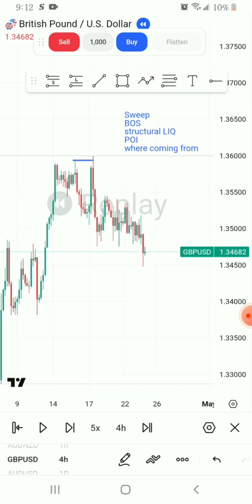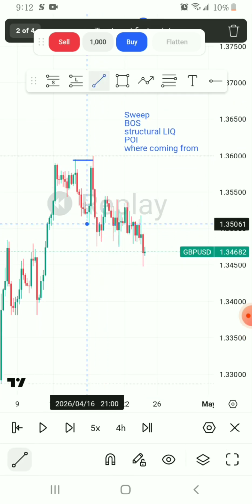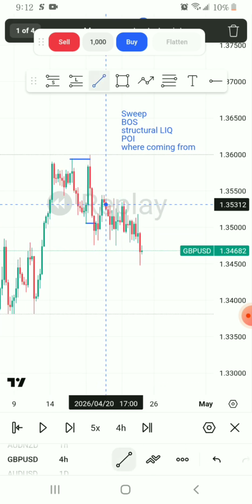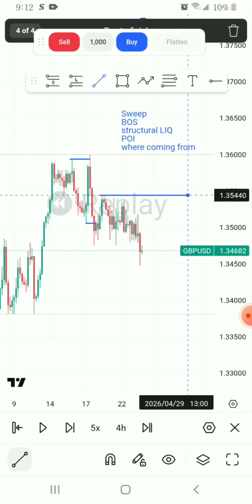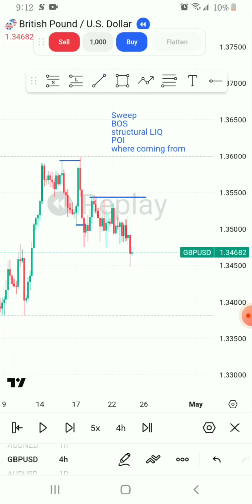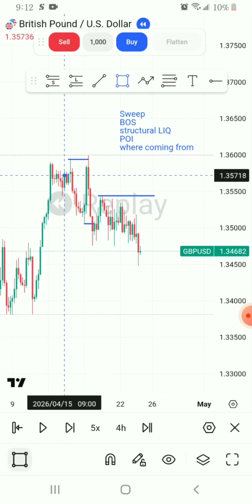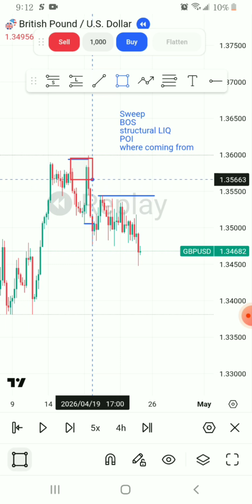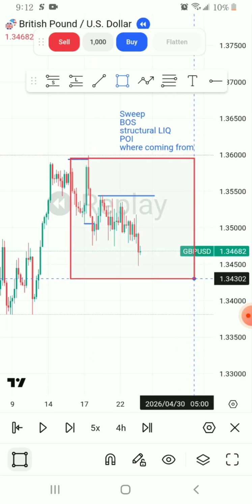The moment we got our sweep, then we got our break of structure, which is here. Then we got our structural liquidity, and we mark our POI. The POI is this level here.